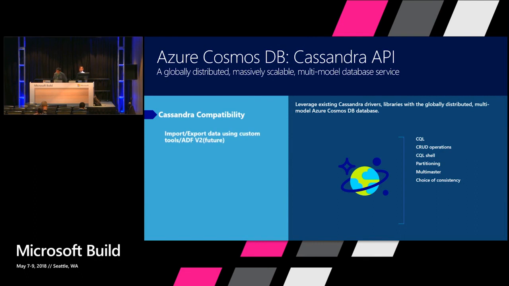So the question comes, when you're using Cassandra, what are the things that you can do to move the data, to start using it? If it is a greenfield application, it's pretty straightforward. But the majority of our customers already have data within existing Cassandra clusters. So there are various options, but two options come out very strong. One is ADF v2.